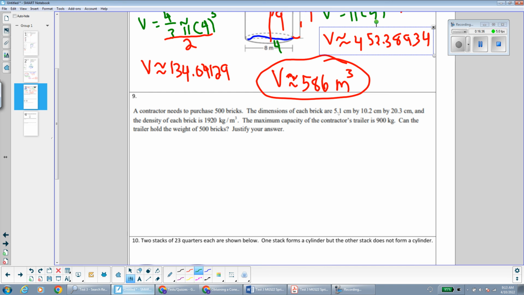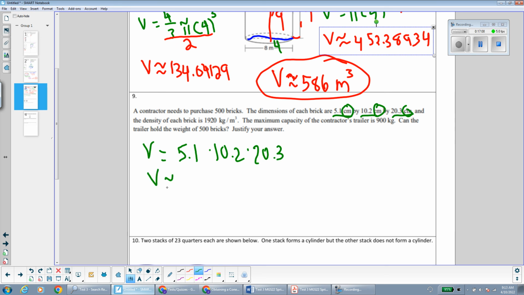So I have the dimensions of the brick, and these dimensions are in centimeters. Always a good idea to see what the units are. So I'm going to multiply 5.1 times 10.2 times 20.3.